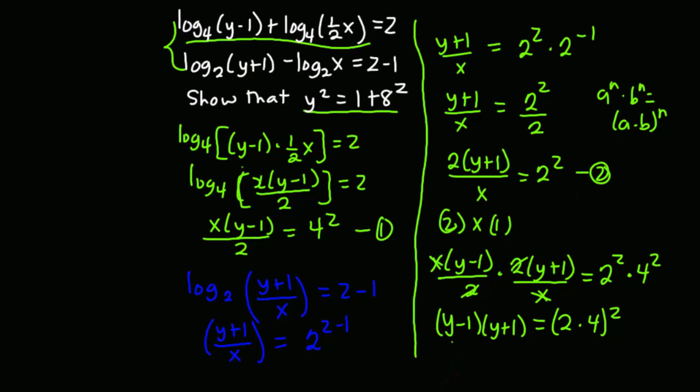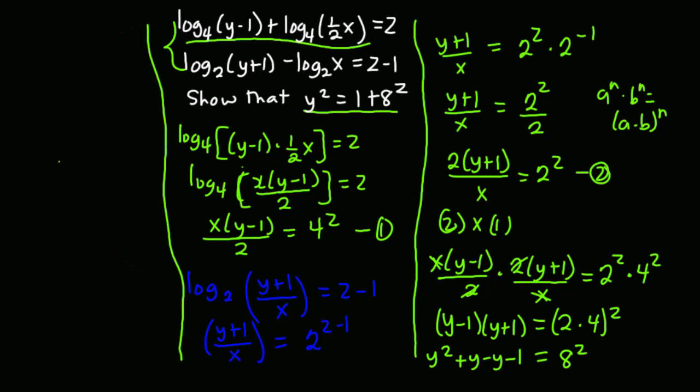So now let's expand this and see what we get. If we expand this, we are going to get y squared plus y minus y minus 1 is equal to 8 exponent z. So let me continue here.